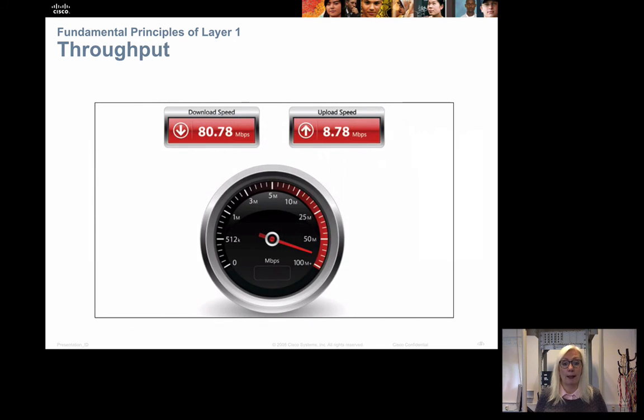When we are talking about bandwidth, it's typically the theoretical bandwidth, because when we actually measure it, we will see that the throughput, which is what we actually get, is typically lower than the theoretical bandwidth. And that is because, of course, there could be things that influence the bandwidth.